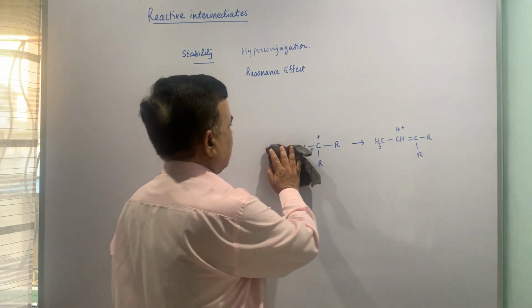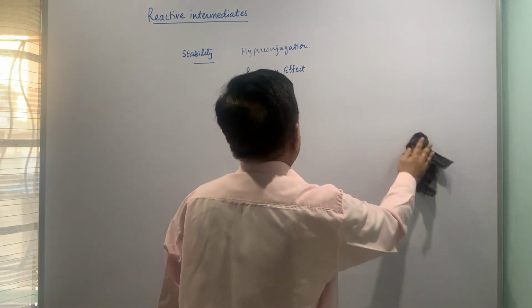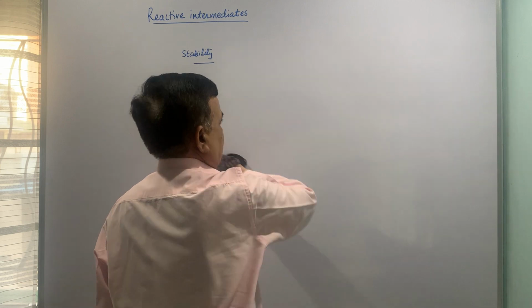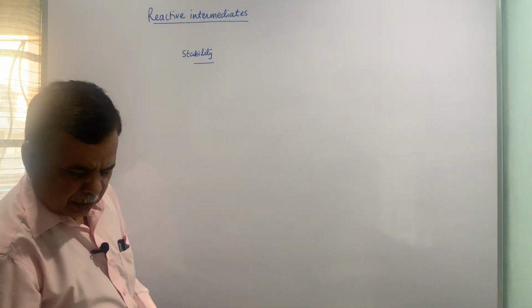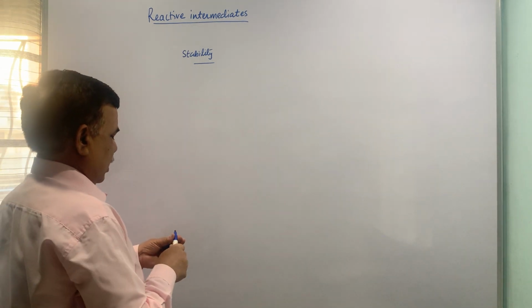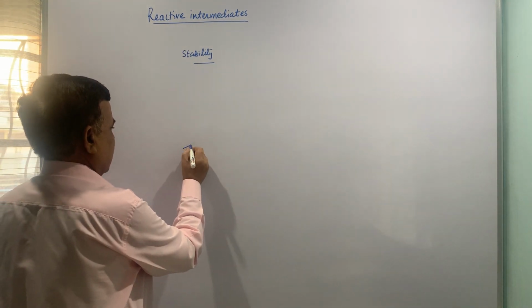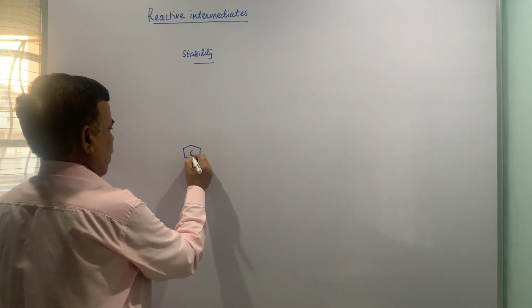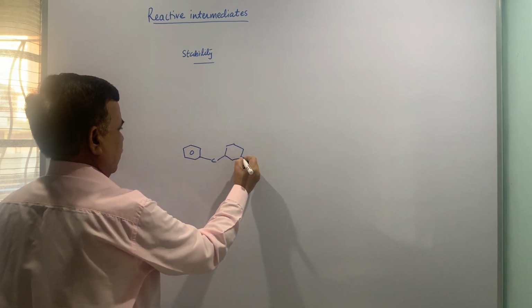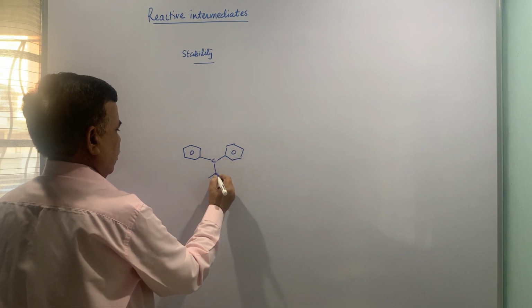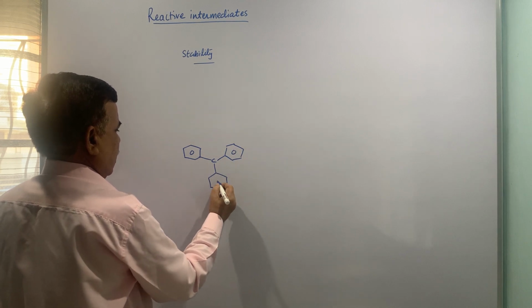Now coming to resonance effect. Now resonance effect is important because resonance stabilization is well known, and some of the intermediates have been isolated, you can say. Now this is the carbonium ion.